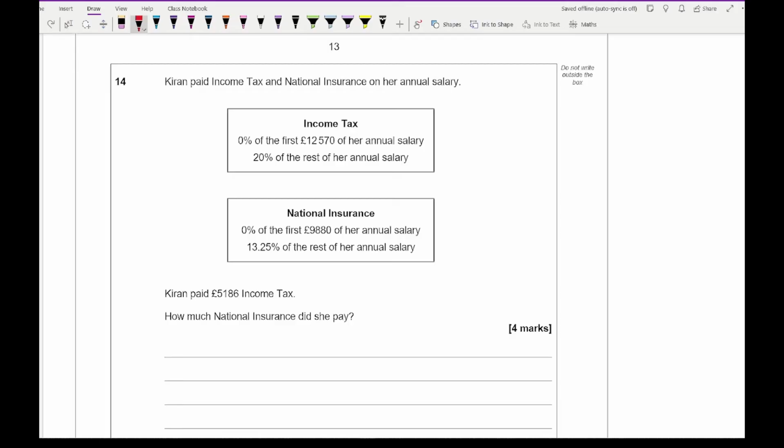Right, so the first thing for this particular question is we want to work out what her total annual salary is. Looking at income tax, the 5,186 refers to the income tax. What we need to do is that basically equates to 20% of the rest of her salary.